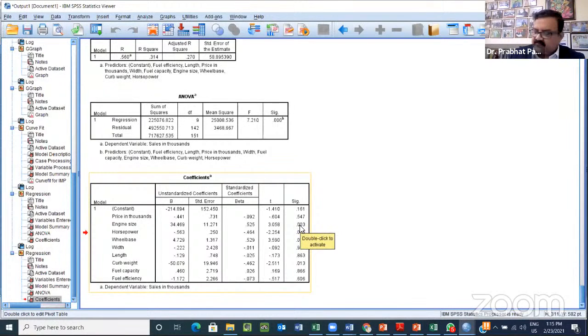Engine size, significant, right? This is what you see. Horsepower, significant. Wheelbase, significant. Width, insignificant. Length, insignificant. Curb weight, 0.03013, significant. And fuel capacity, insignificant.